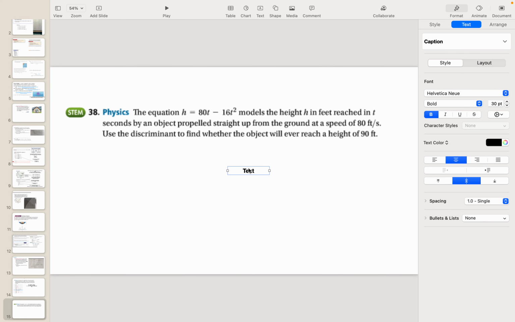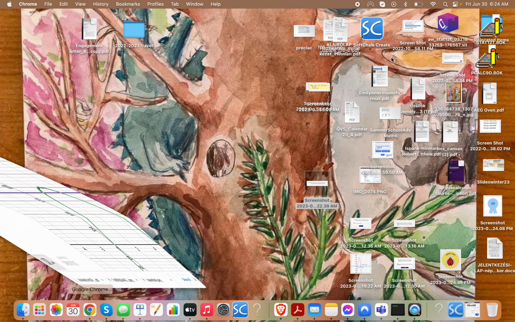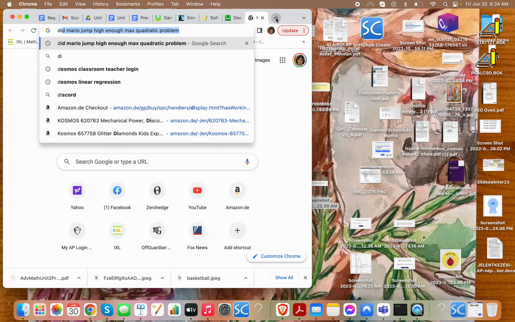Well, the discriminant is the part that's inside the square root. So the square root of b squared minus 4ac. It's that inner part. Let me even see if I can get an image for you real quick, because it'll maybe make it look better.